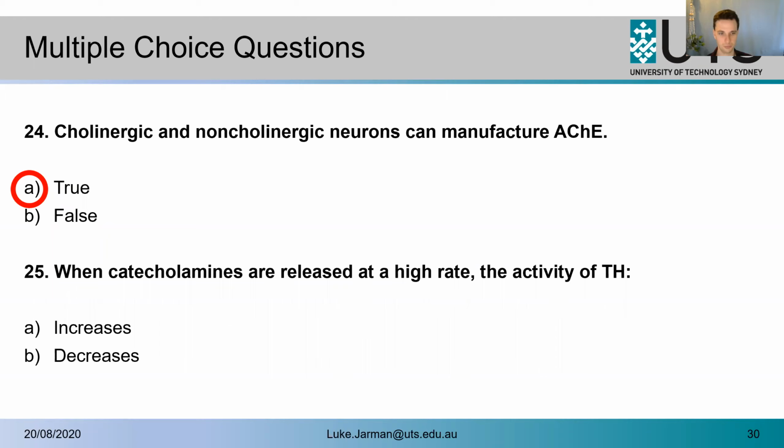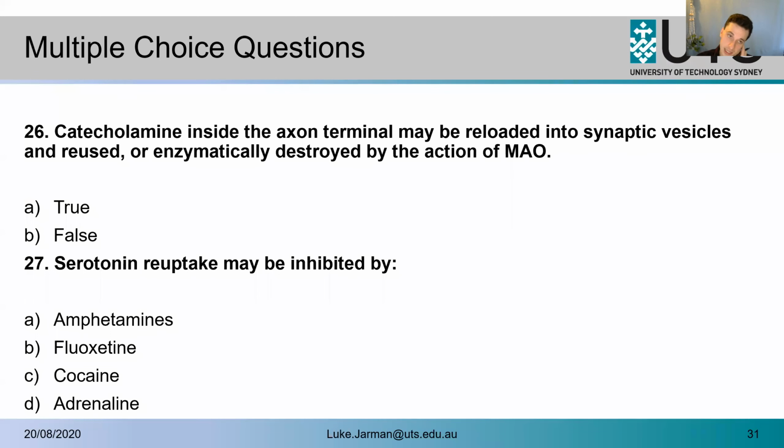That's all that's really asking you to understand. 25, when catecholamines are released at a high rate, the activity of TH increases. 26, catecholamine inside the axon terminal may be reloaded into synaptic vesicles and reused, or they can be enzymatically destroyed by the action of monoamine oxidase. That is true.